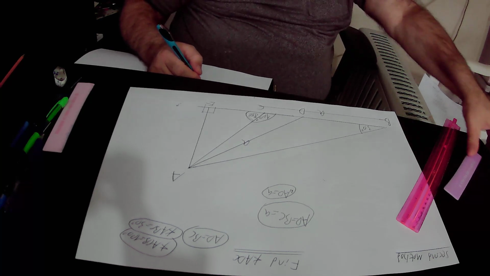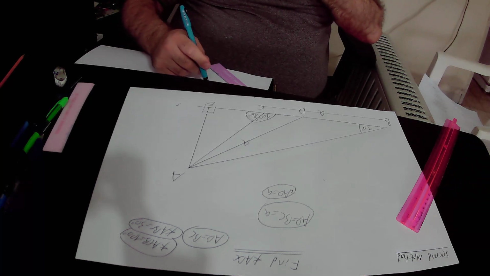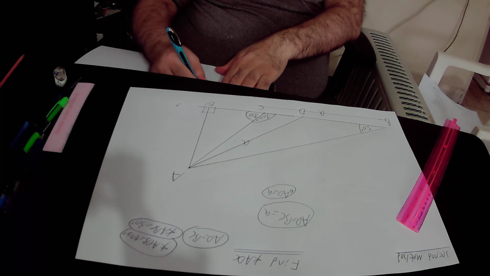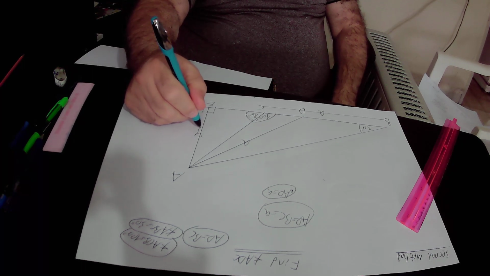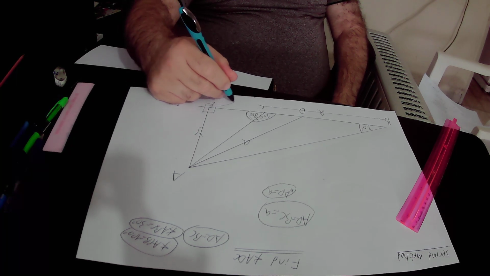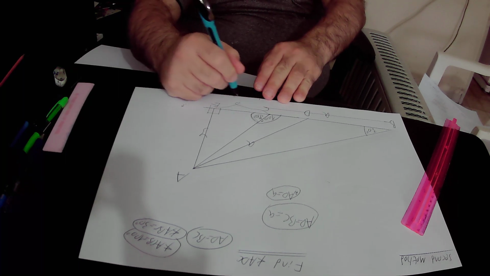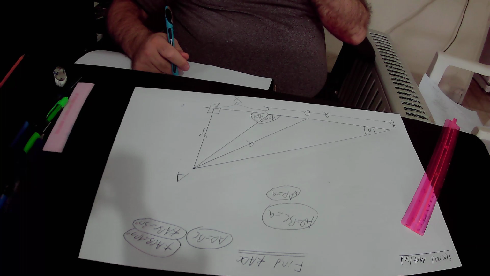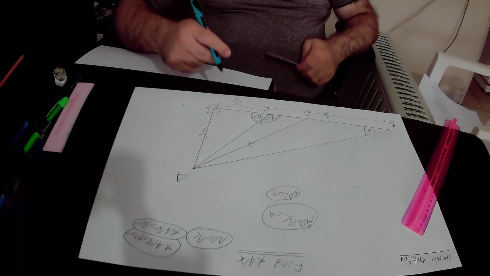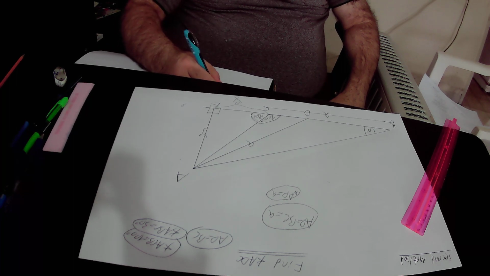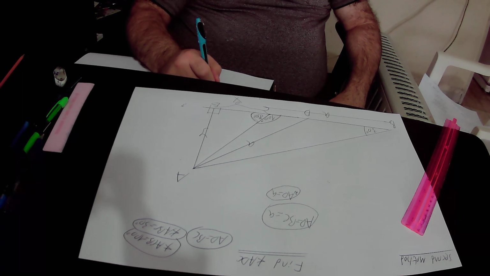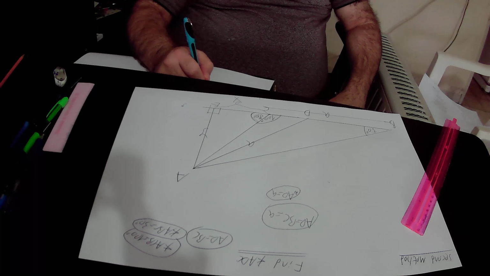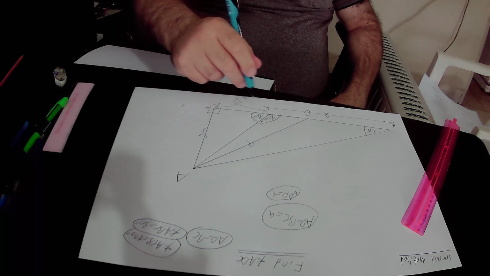First of all, we will define side AE as Y, and we will define line segment CE, this line segment, as X. So in the right triangle ACE, we know that tangent 80 degrees equals AE over CE.